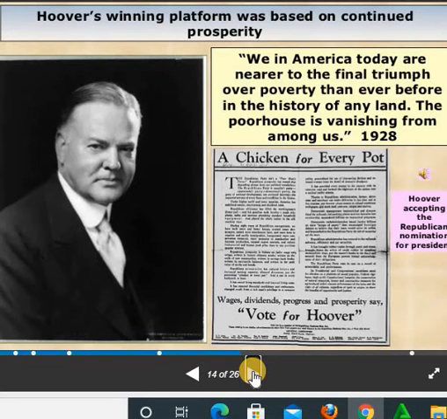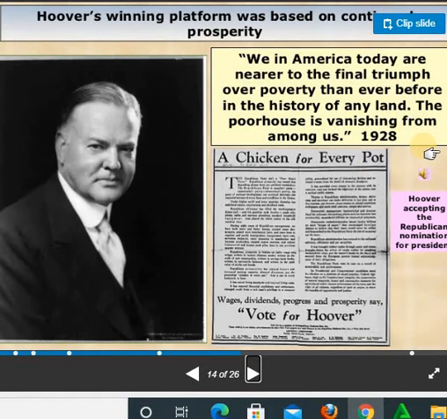So this is Herbert Hoover in 1928, when he still had the notion of promoting prosperity in America. He was quoted to have said, "We in America today are nearer to the final triumph over poverty than ever before in the history of any land. The poorhouse is vanishing from among us."